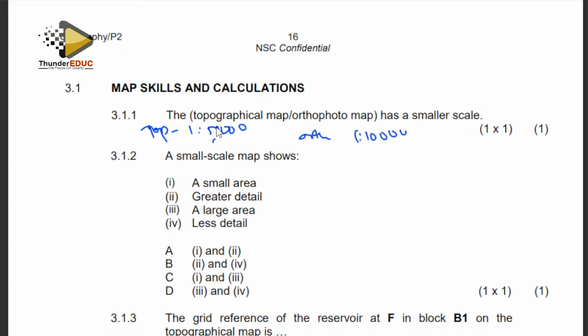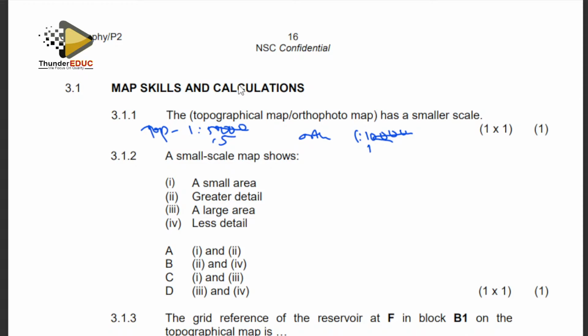So when you look at this, 5 and 1, if you reduce the zeros, 5 here, 1 here. In your own understanding, 5 is bigger, 1 is smaller. But in this sense, the smaller the number, the bigger the map. The bigger the number, the smaller the map.